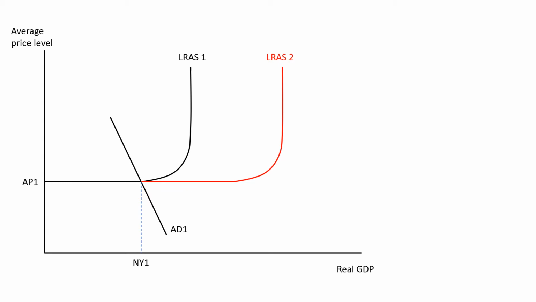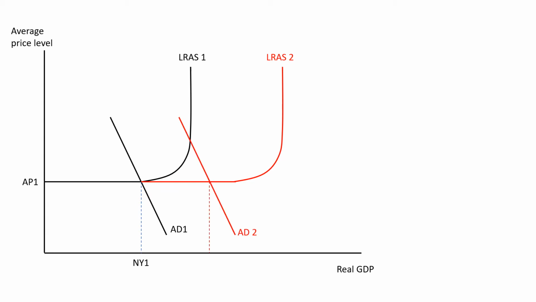So if labour has better machinery to use, that will mean that labour can produce more in the same time, because capital intensive methods of production normally speed up the rate at which output is produced. So that's why investment, FDI, will shift the long run aggregate supply curve from LRAS1 to LRAS2. So FDI will increase the productive capacity of an economy.